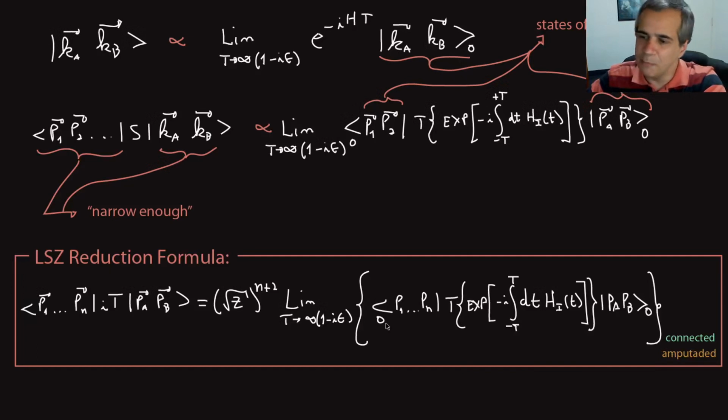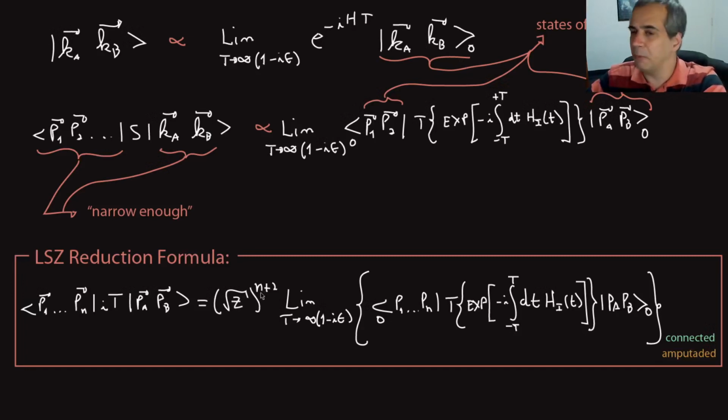The part that may not be completely clear yet is this amputated part. What does that exactly mean? And also I have a square root of Z here. There was a leftover from cancellations of propagators with inverse propagators, which might not be fully clear yet.